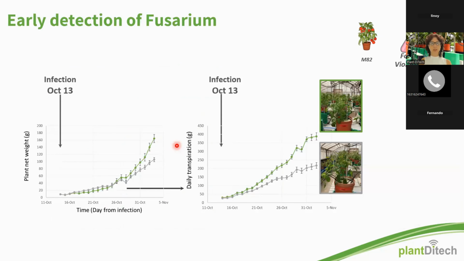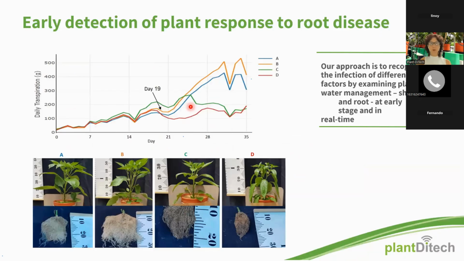So you can see here an example of fusarium on daily transpiration. After 2-3 days already, we can start seeing the separation between the lines, and you can quantify these differences very clearly. And in the biomass, you see it with a certain delay, but you still see it very nicely also. The same for root rot.